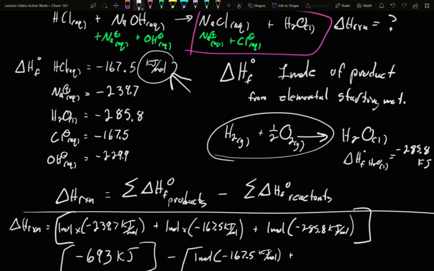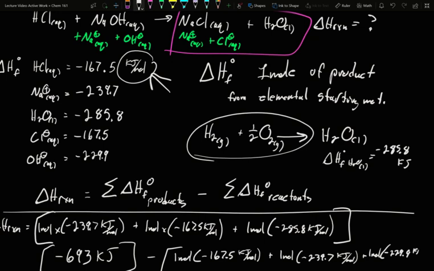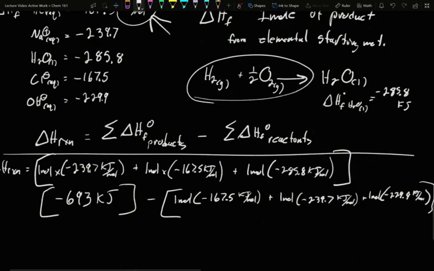Plus, next was sodium. 1 mole of sodium ions at negative 239.7 kilojoules per mole, plus 1 mole of hydroxide, which was negative 229.9 kilojoules per mole. So I can find the sum of my delta H of formation of my reactants.